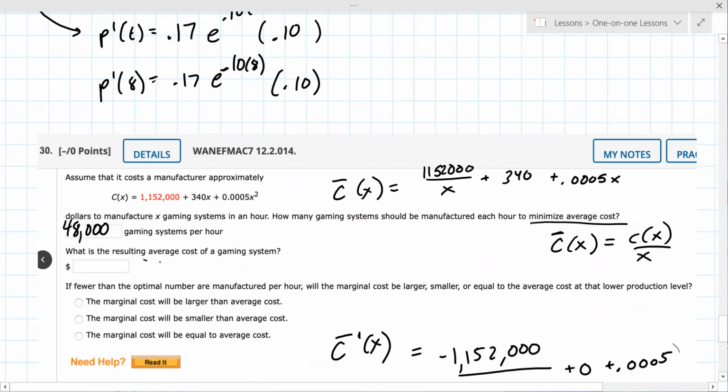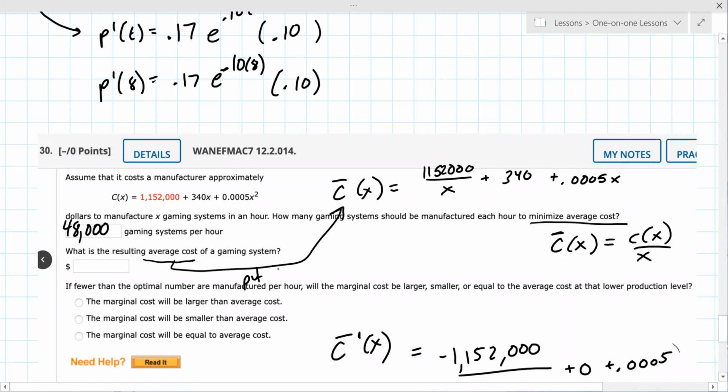What is the resulting average cost? They're referring to this equation up here. In part A, you had to take the derivative and set it equal to 0. But here they're just saying put that value back into the original function for x.